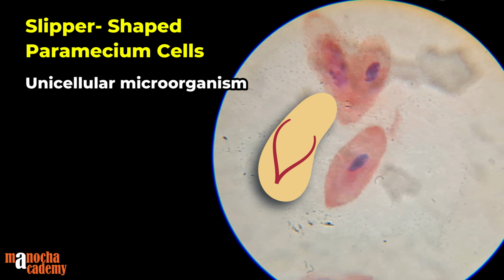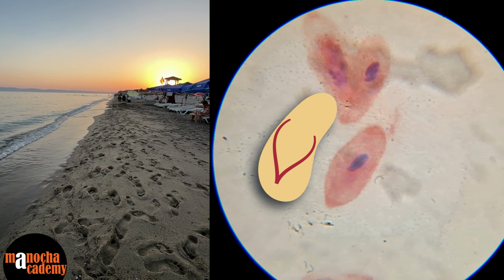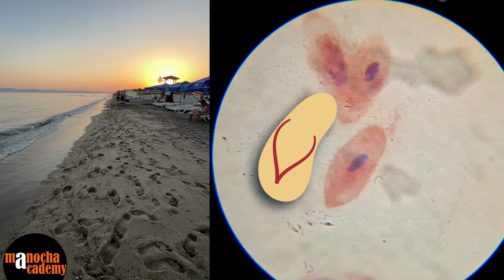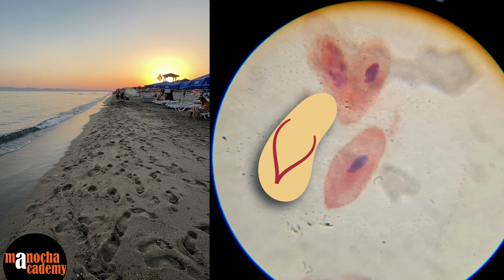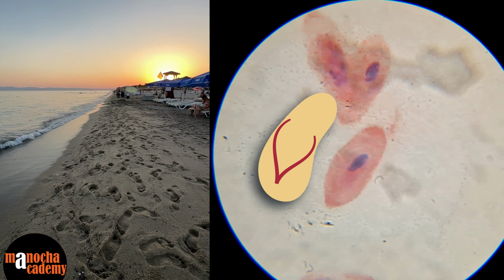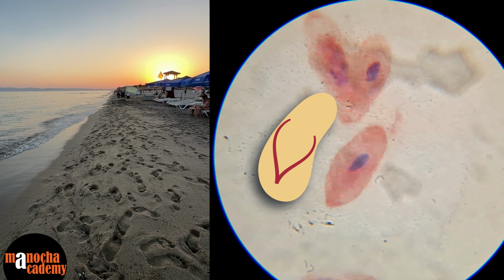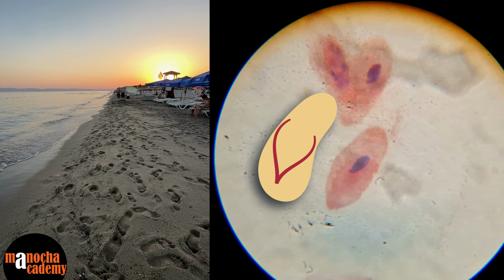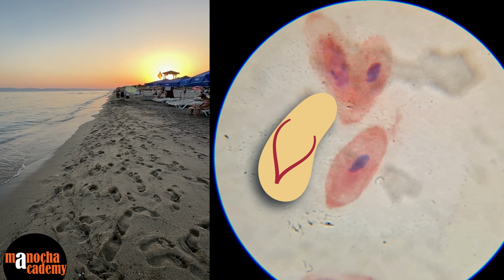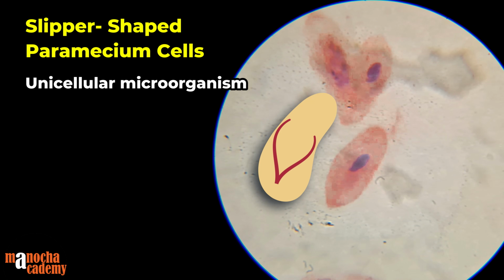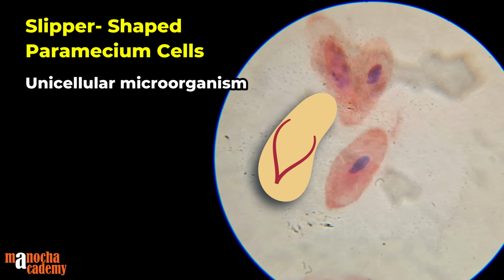So just imagine that you're walking on the beach wearing your slipper and you step on the sand, and that makes an imprint on the sand. Exactly, that is the shape of Paramecia. So in your life, never forget that Paramecia are slipper shaped cells, unicellular organisms that are slipper shaped.